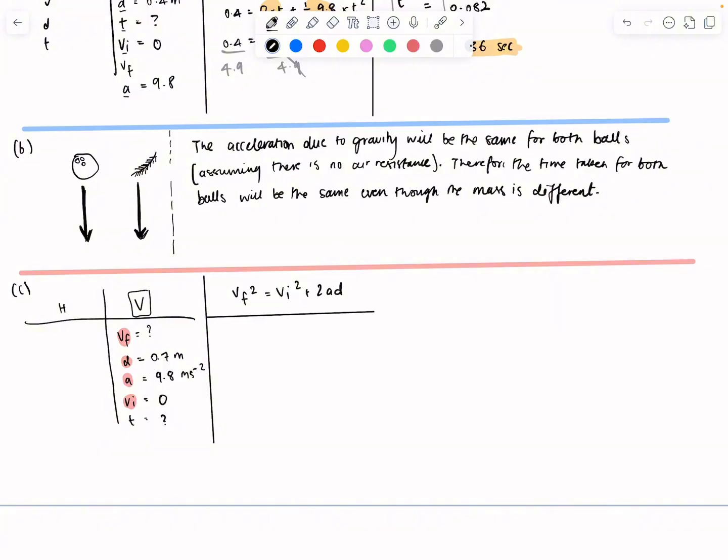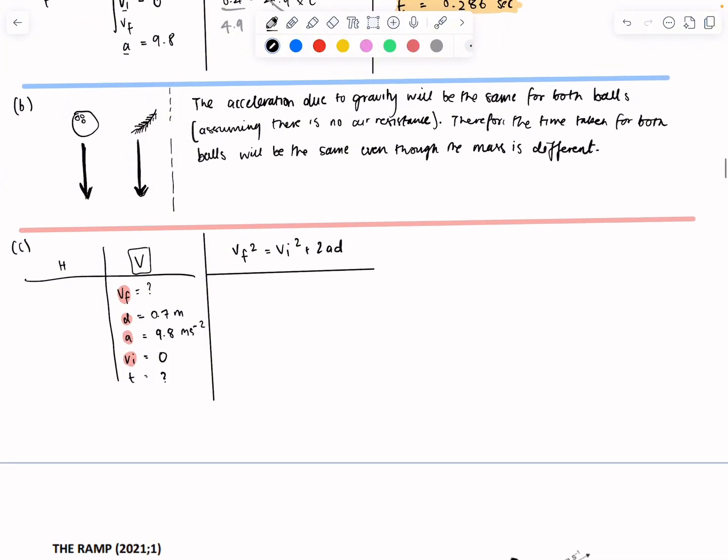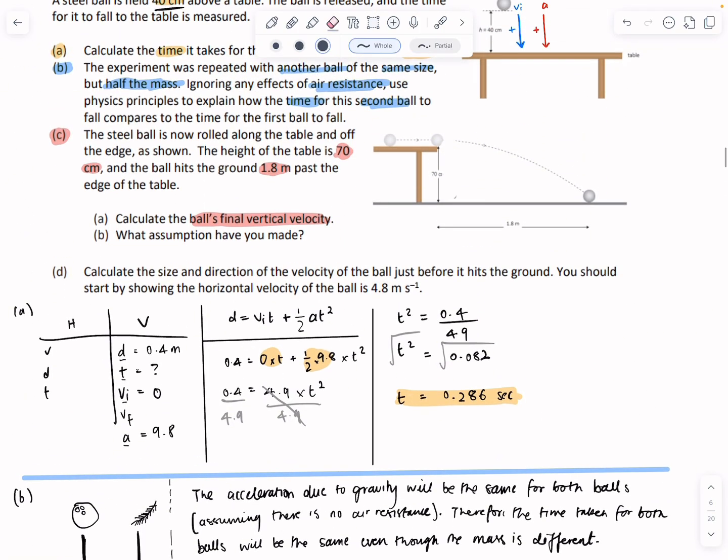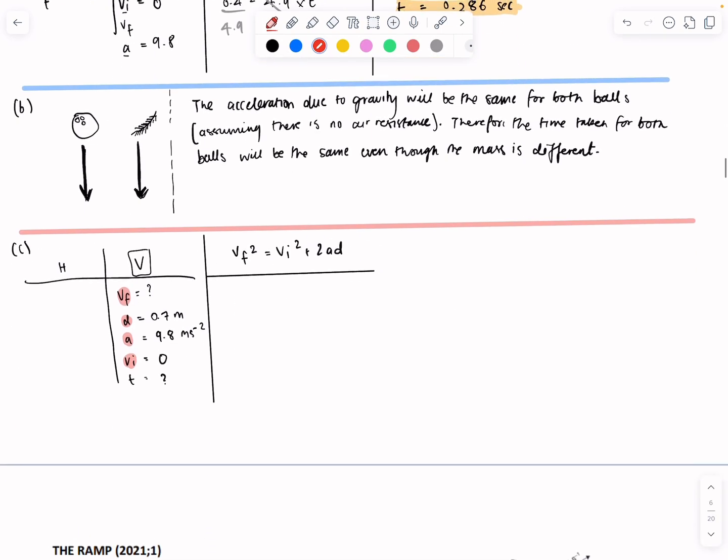And so now what we have to do is define what our positive and negative values are. So if we look at the diagram, we see that the velocity will be going down and so will gravity. So both values will be positive. So nothing really needs to change here. We're all good to go.